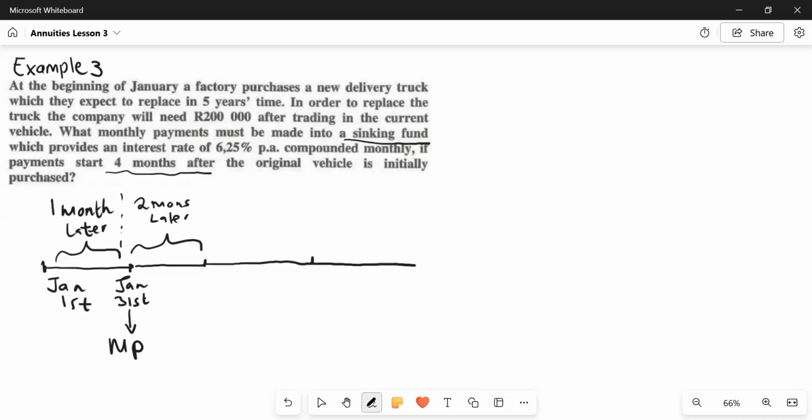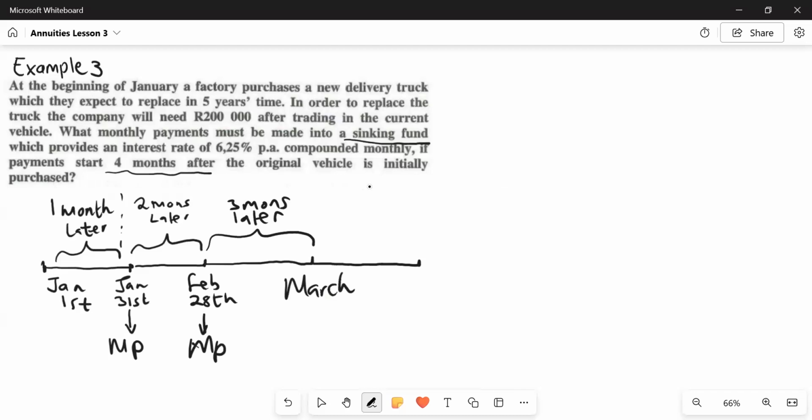Let's continue. So you have 3 months later here. This is Feb 28. Again, they missed a payment here. And then March 31st.